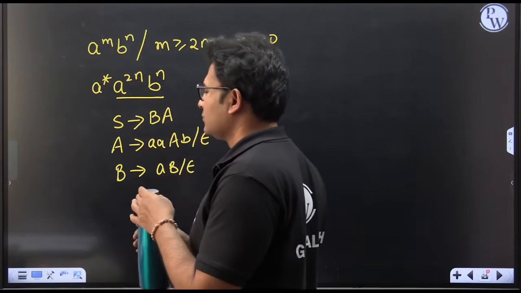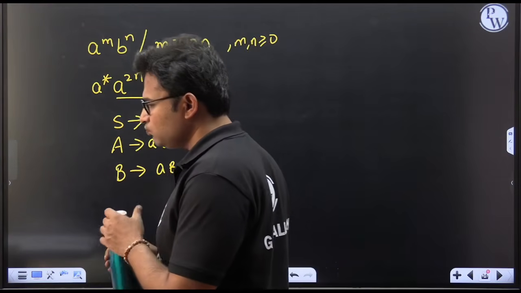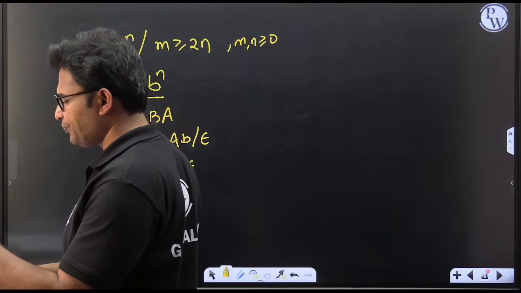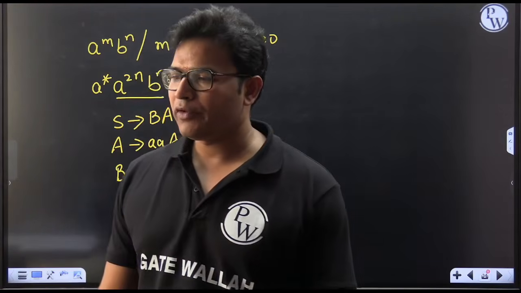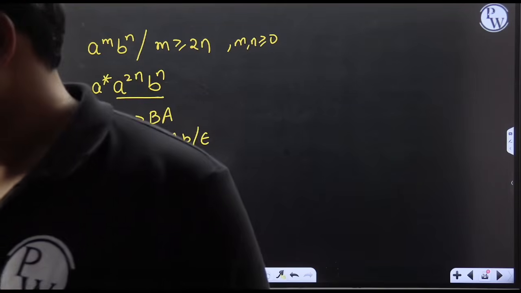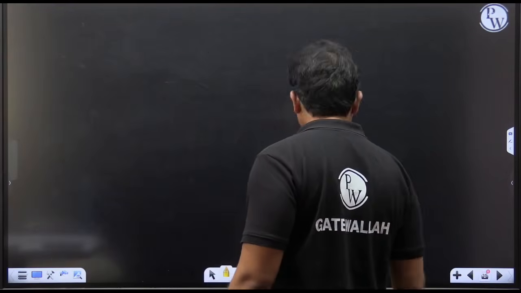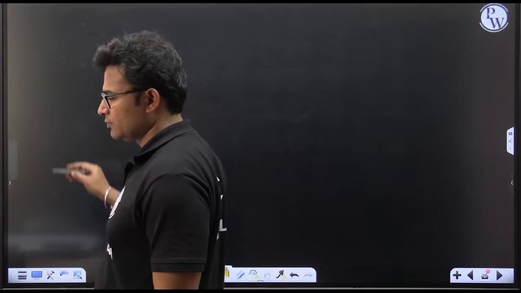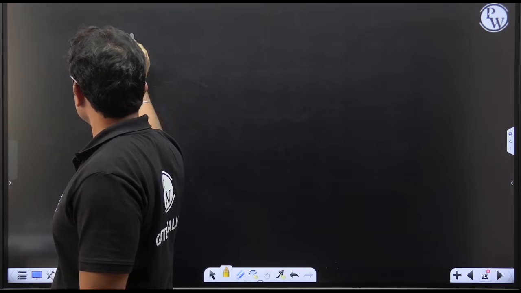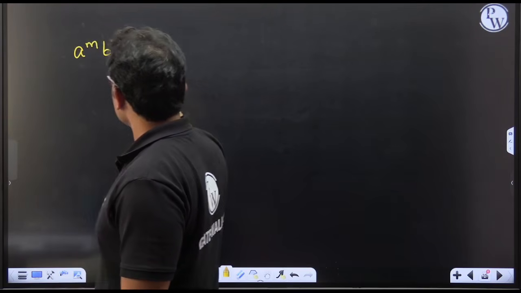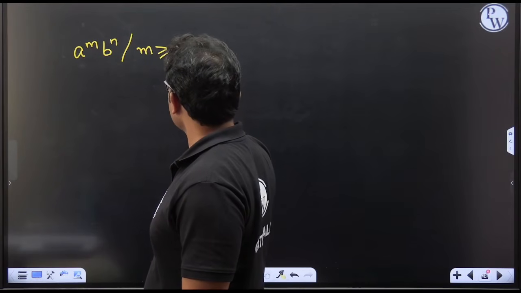Got it. Now we will see one more question. Let's see an interesting example. a power m, b power n such that m is greater than or equal to 2n plus 3.